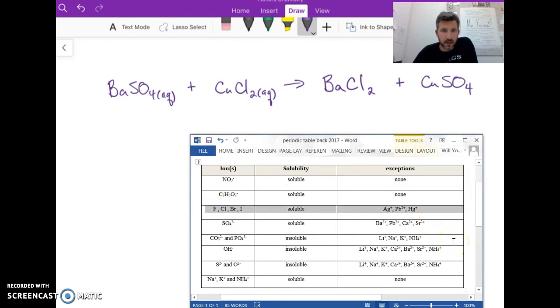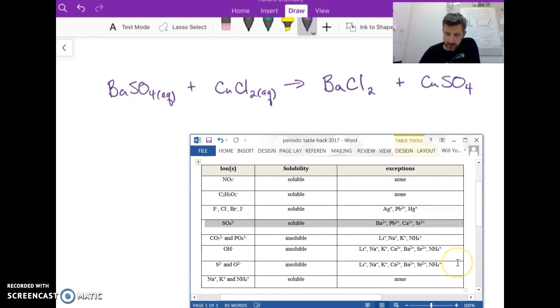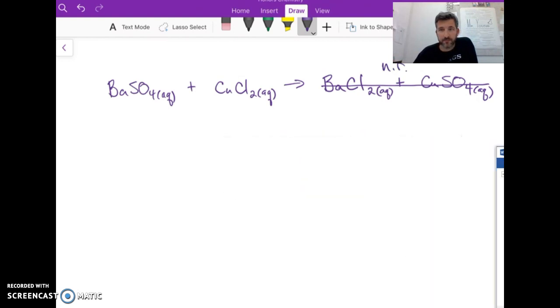They are typically soluble, and barium is not an exception. So barium chloride would be soluble. And then sulfates are also typically soluble, and copper is not an exception. So this is actually going to be aqueous, which means it's a no reaction. So I don't really have to balance it because it's not a reaction that's even going to happen.